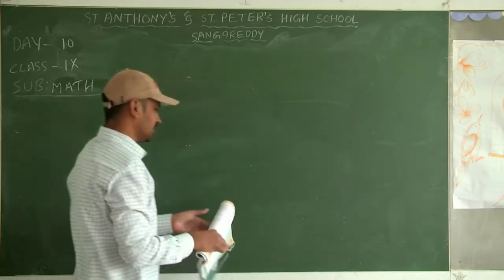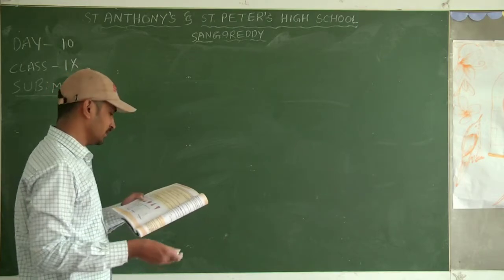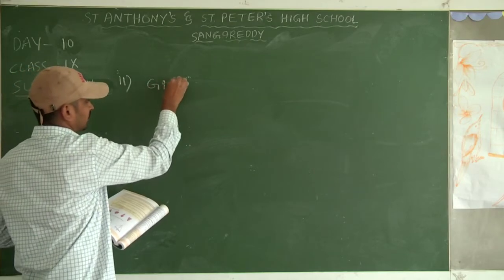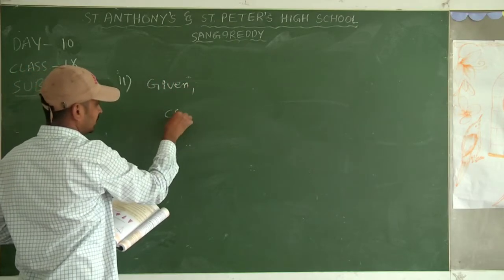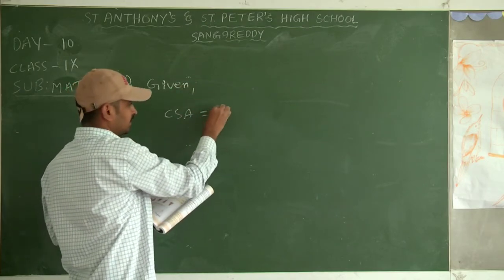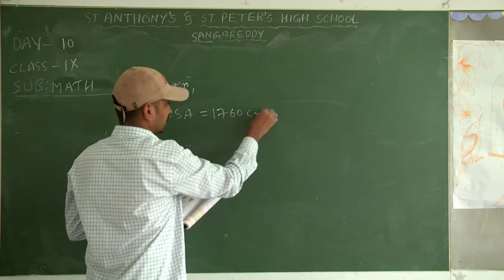For the 11th question, the curved surface area of the cylinder is given. CSA of the cylinder is 1760 centimeters square.